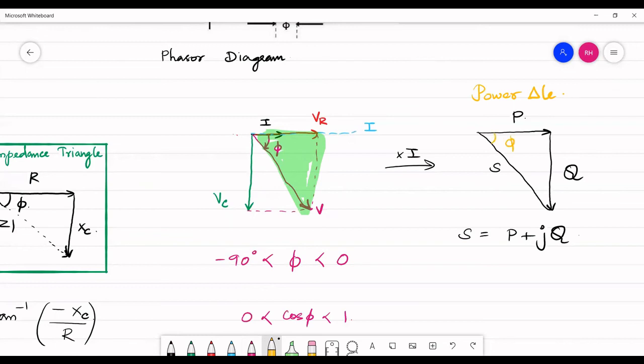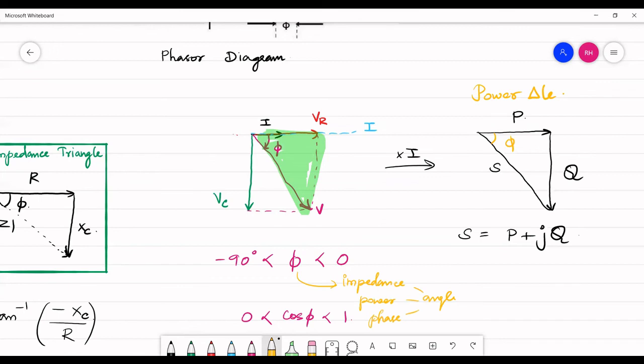And here again we have the same angle phi, which is also known as the power angle. So there are three different names for this angle. One is the impedance angle, the other is the power angle, and it is also known as the phase angle.